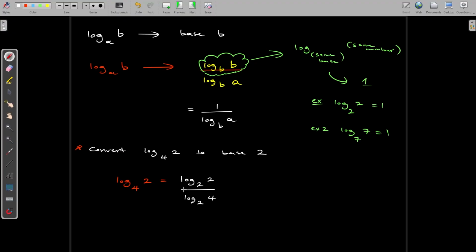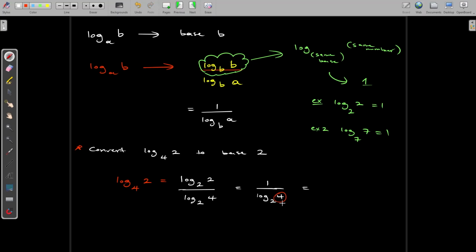Can this be simplified? 1 over log base 2 of 4. Can it go any further? Can this 4 be written in base 2?